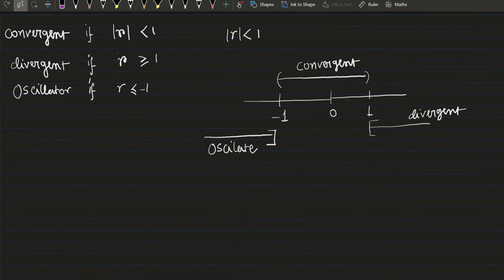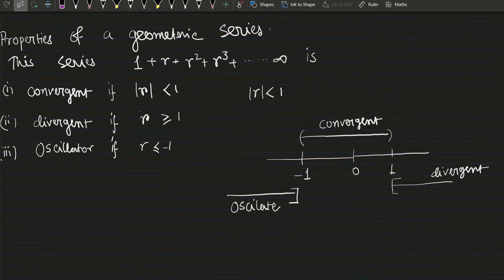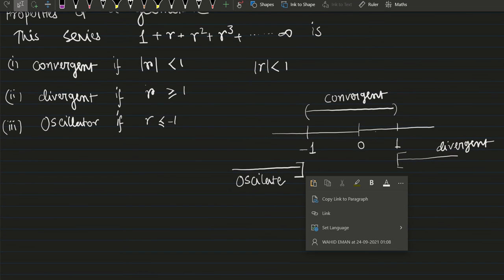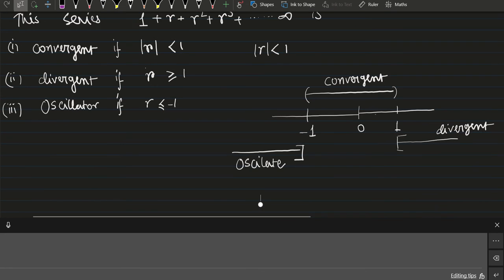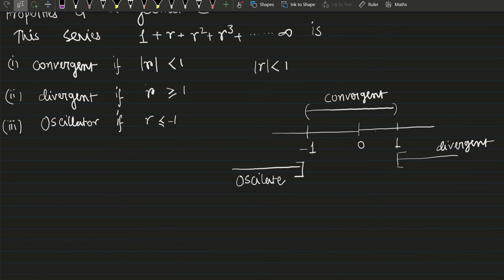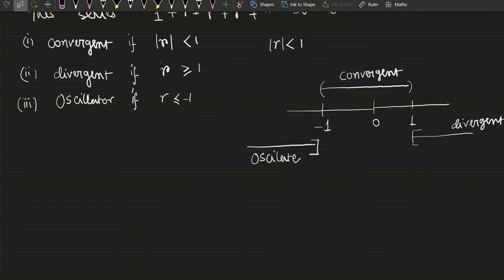This graph is important to visualize and to know whether any point is left out. We can clearly say that no point is left: we take all the points less than -1, all the values from -1 to 1, and also the values greater than or equal to 1.